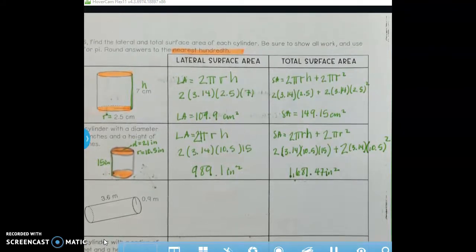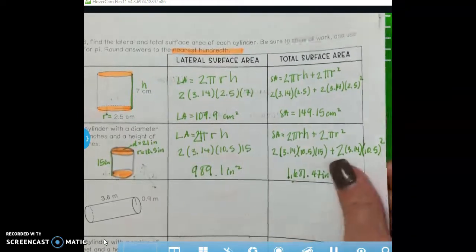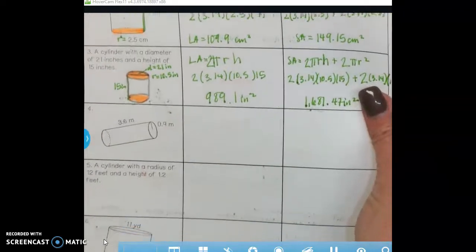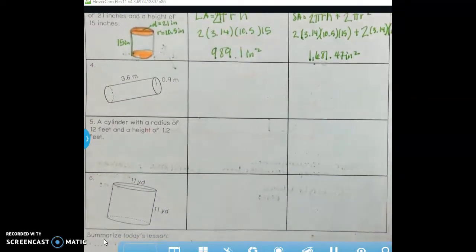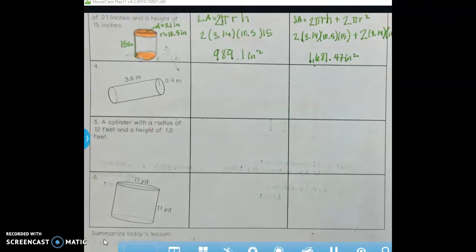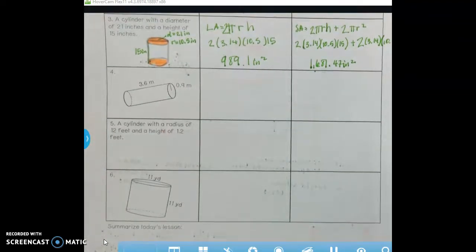So at this point, I would like for you to pick 1 or 2 of these shapes to work with. I am going to give you the answers to these lateral and surface areas. Part of the challenge, I would like for you to pick 1 or 2 of these shapes and see if you can find the correct lateral and total surface area. Please feel free to ask me questions and reach out for help.